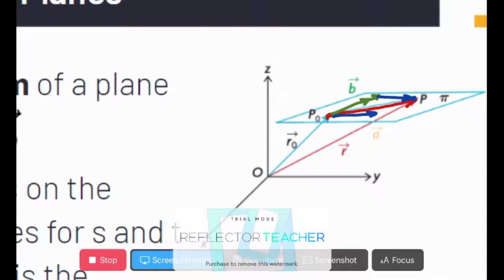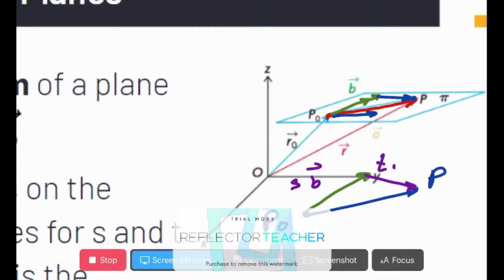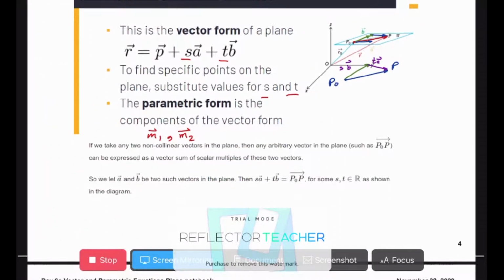So I can see here that the vector p naught to p can be thought of as a sum of my b vector, scaled however it needed to be scaled, and then my vector a, once again, whatever scalar multiple of vector a I needed. So some multiple of vector b, and some multiple of vector a.